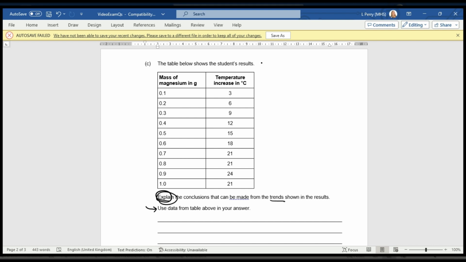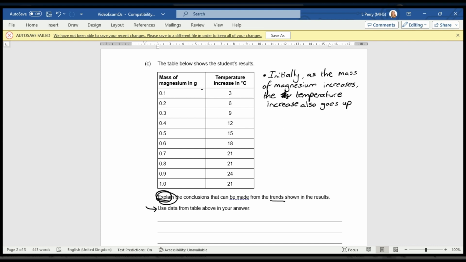So the first thing I'm going to say is, initially, as the mass of magnesium increases, if I can spell, temperature increase also goes up.